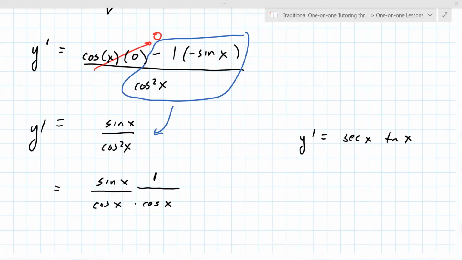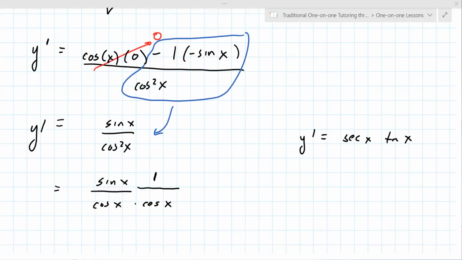Do you see now how this works? Well, I still don't see how you get secant x and tangent x from that.